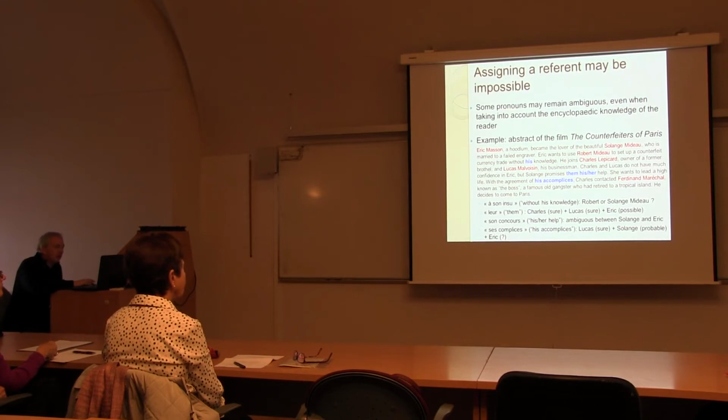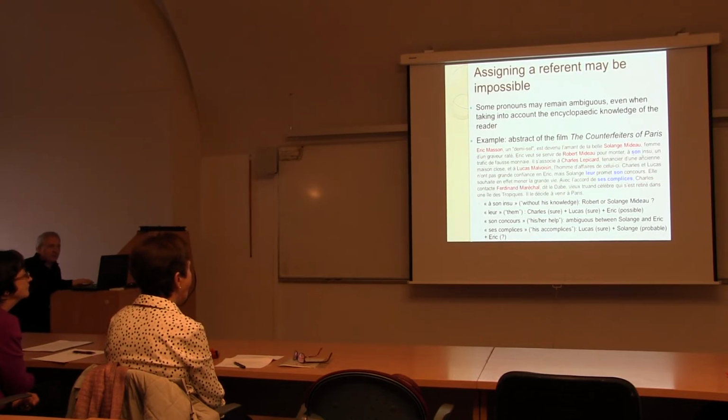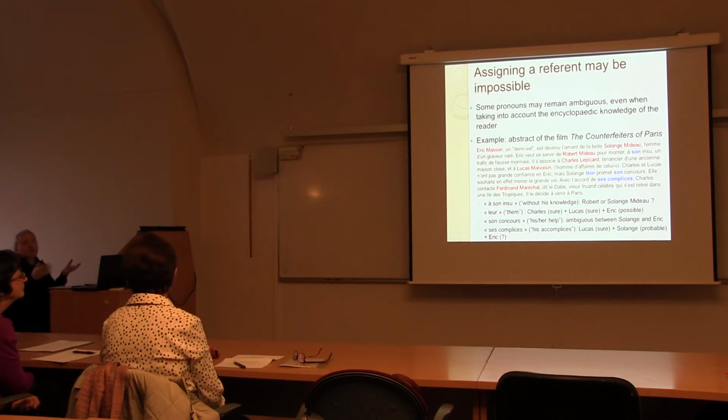But there is a problem in French that does not appear in English: "à son insu", the pronoun "son" is ambiguous between male or female. So when we read the text, we cannot say if it's "à l'insu de Solange Mideau" or "à l'insu de Robert Mideau". And it's impossible to decide, so there's an ambiguity.